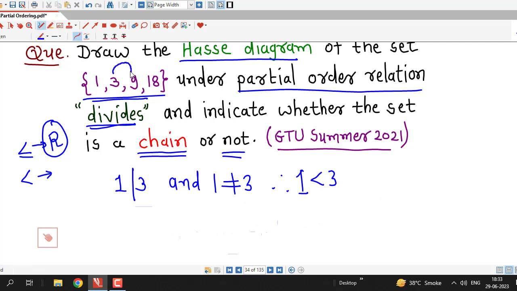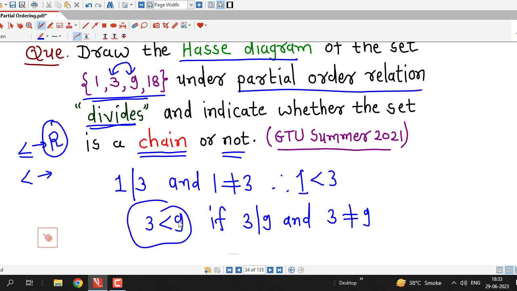Similarly, if we consider these two elements 3 and 9, then 3 is less than 9, that is 3 divides 9, and 3 is not equal to 9. This is the meaning of this notation: 3 is strictly less than 9, and here also we can see that 9 is a cover of 3.